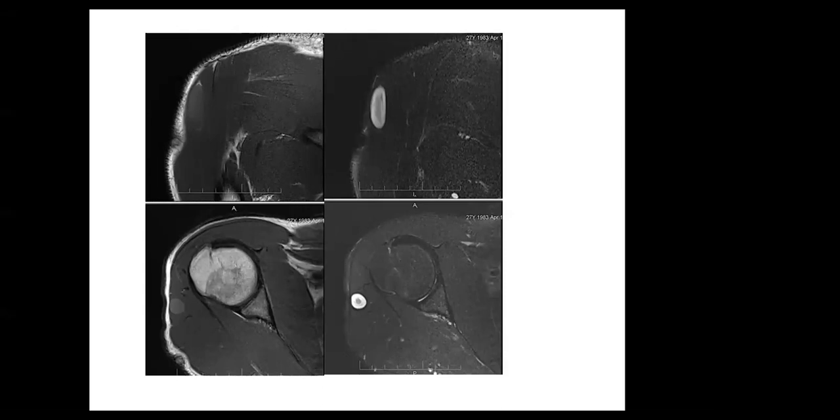It has a central target-like appearance with central hypointensity, suggesting it is well-defined, and has no extension to other compartments. Mostly suggesting nerve sheath tumor.